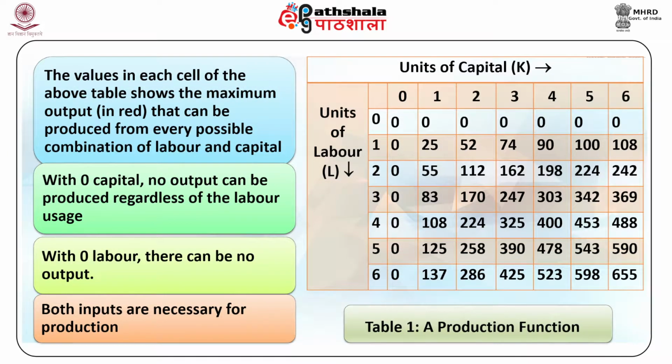The values in each cell of the above table show the maximum output, in red, that can be produced from every possible combination of labor and capital. Note that with zero capital, no output can be produced regardless of the labor usage. Similarly, with zero labor, there can be no output. This demonstrates an important point, which is that both inputs are necessary for production.